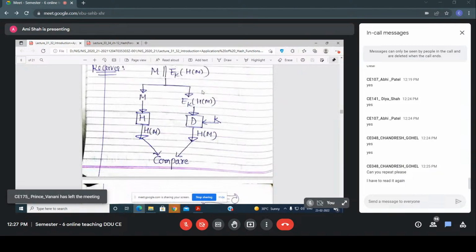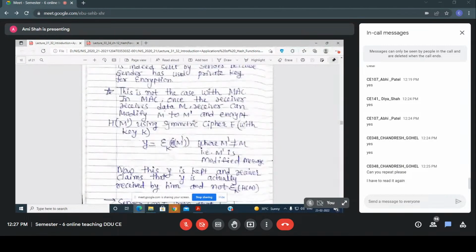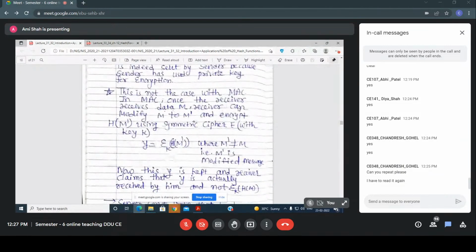Once the receiver gets this message, what will the receiver do? Decrypt it, and finally the receiver gets the message. Now, once the receiver gets the message, what will the receiver do? Here it is written, the receiver can modify M to M dash and encrypt H(M dash) by using the symmetric cipher, where M dash is not equal to M. So M dash is a modified message, right?